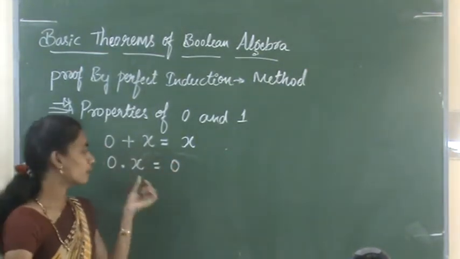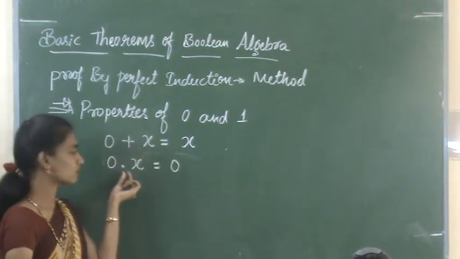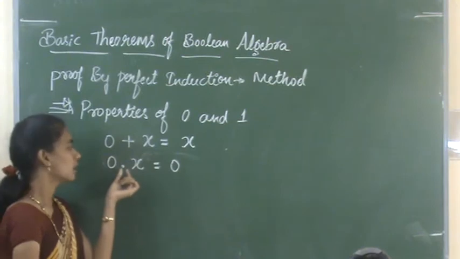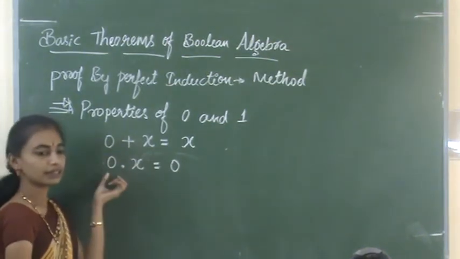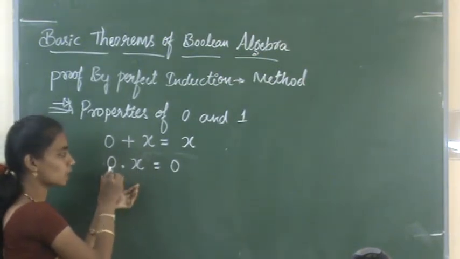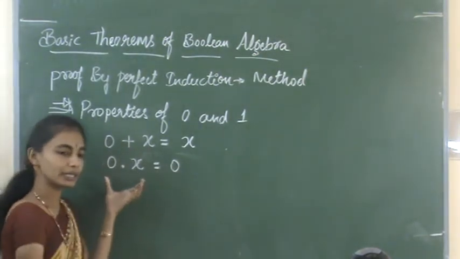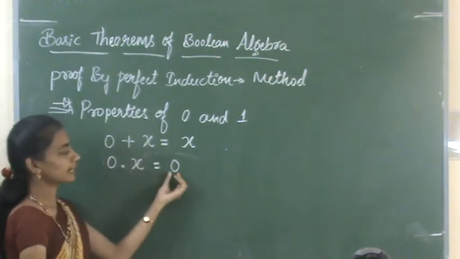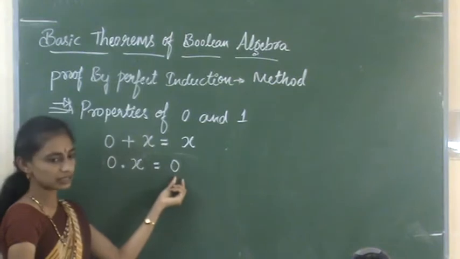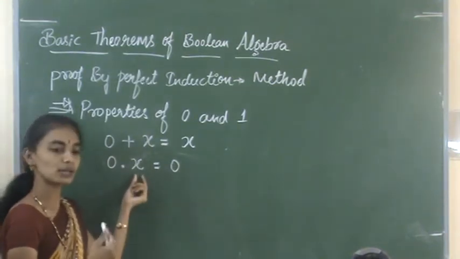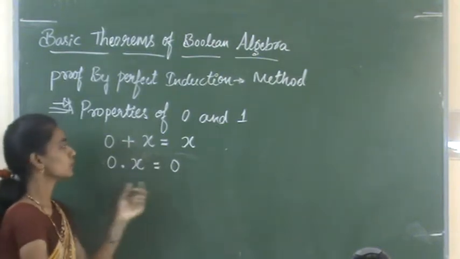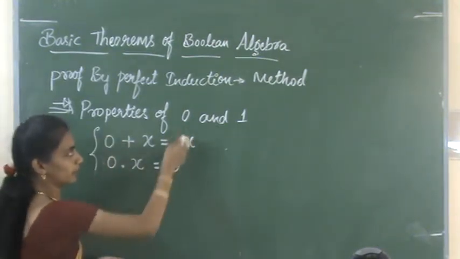Multiplication, or the AND gate, is performed with the 2 variables, and if any one of the variables is 0, the result will be 0. So if x is 0, we get 0, and if x is 1, we also get the output 0 only. These two are the 0 properties.